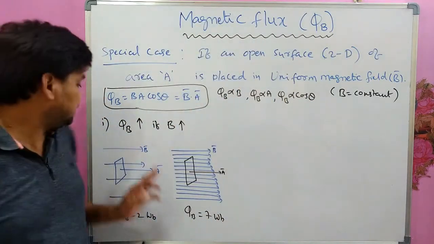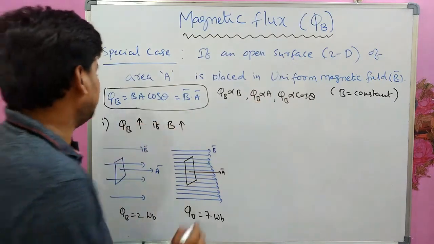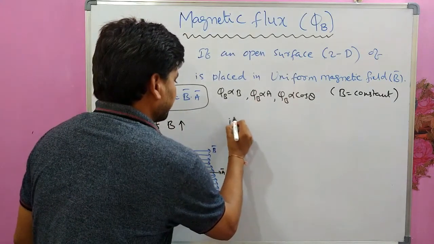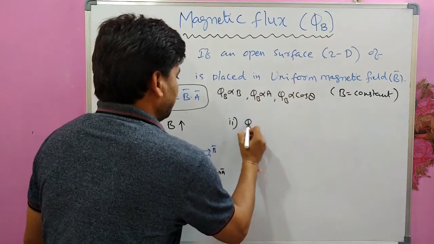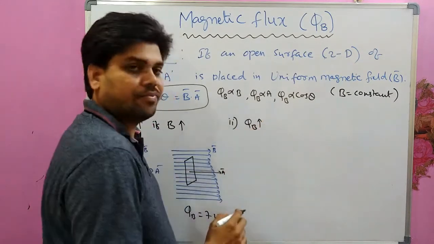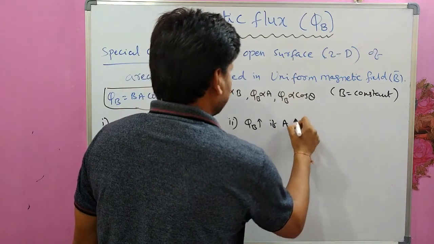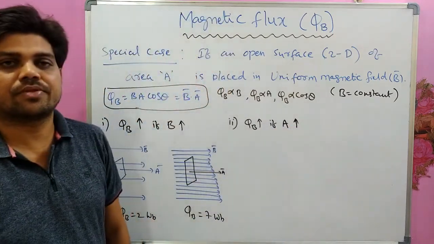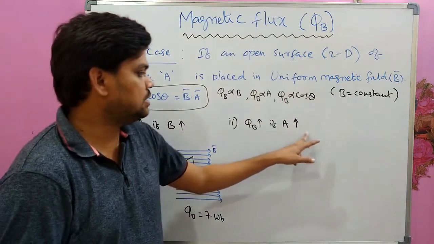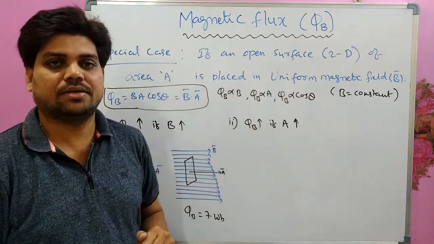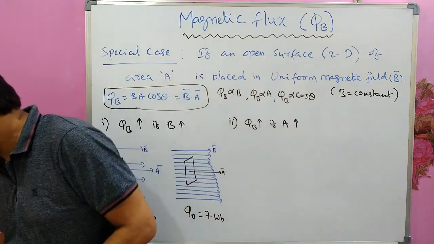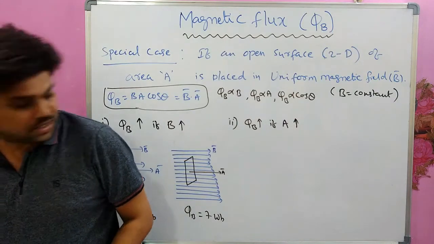And the second case, that phi B is proportional to A. Phi B increases if area increases. If area increases, phi B increases. Means what? It's very, very simple, right? So let me draw it.